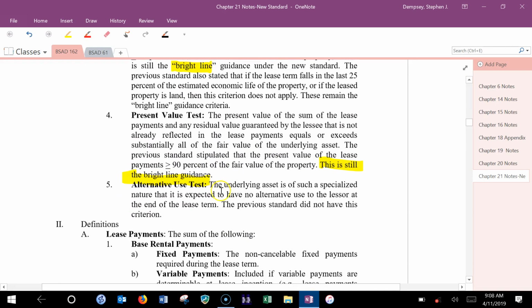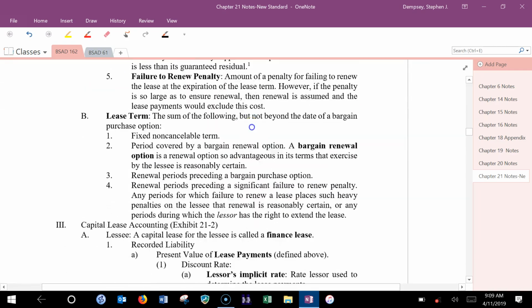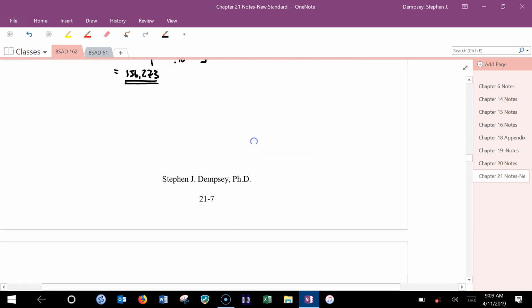Right here, the present value of the sum of the lease payments and any residual value guaranteed by the lessee that is not already reflected in the lease payments equals or exceeds substantially all of the asset value, which we use that 90% cutoff. Well, is this residual value guaranteed by the lessee? No, it is not. It's a third party. So that is not going to be included in our present value as far as satisfying that test.